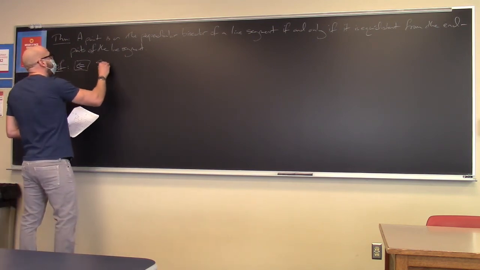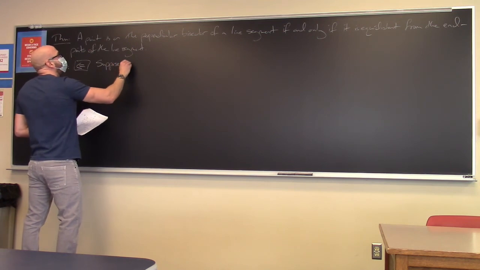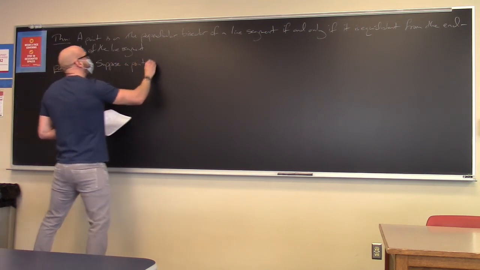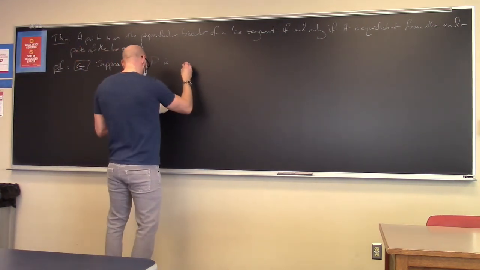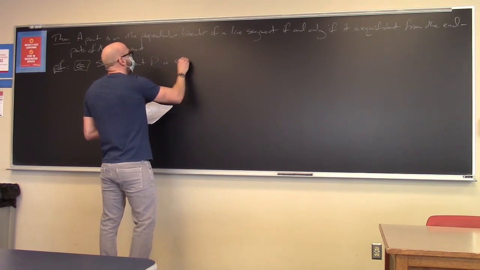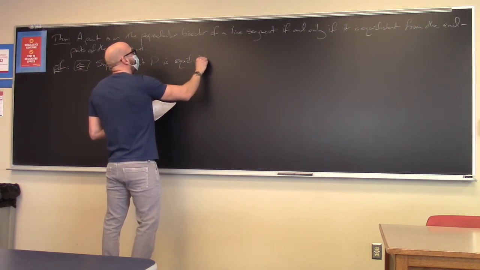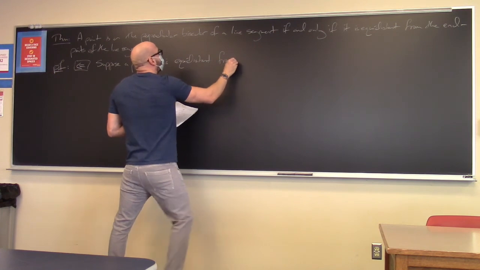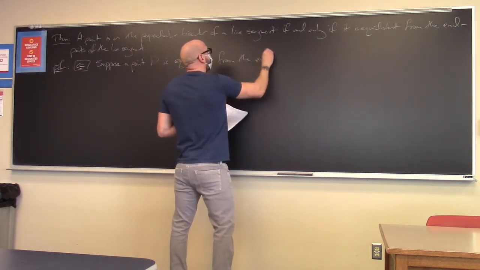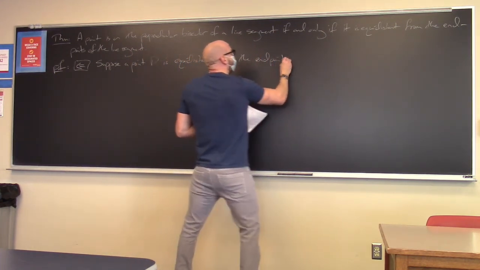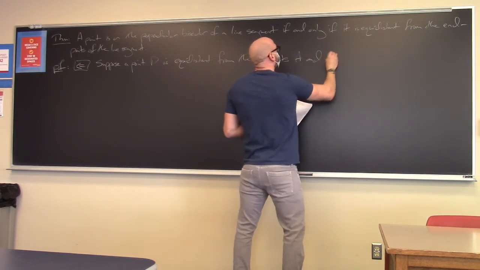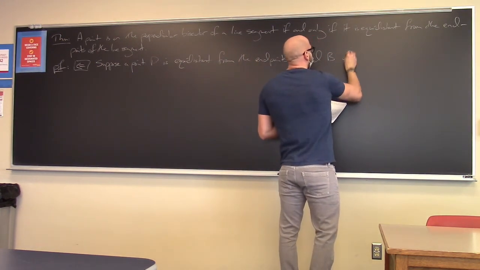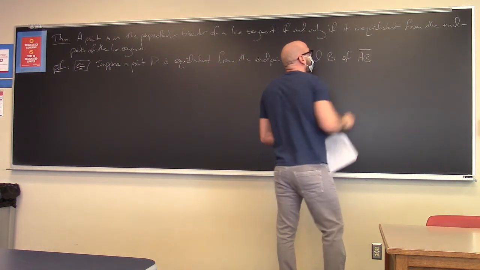So suppose a point P is equidistant from the endpoints A and B of the line segment AB.